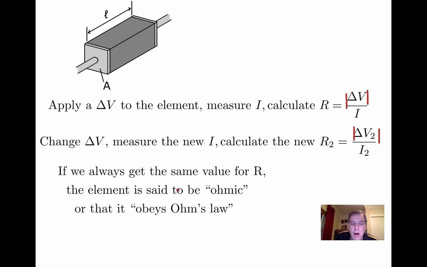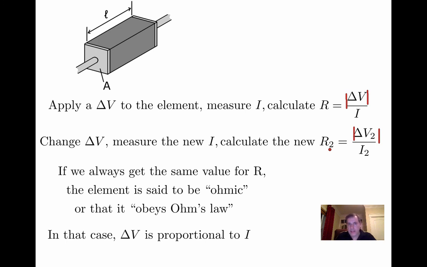If you always get the same R, we say the element is ohmic, in the sense that it obeys Ohm's law. So the resistance is well defined. It's always the same value no matter what delta V and I are. Okay. In that case, when you always get R to be the same, that means that for any value of delta V and I, you get the same ratio, then that means that delta V is proportional to I for that element.